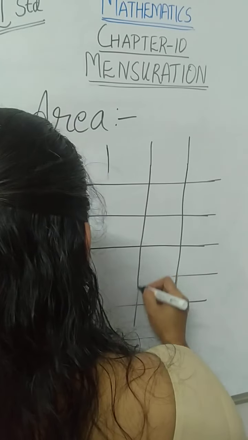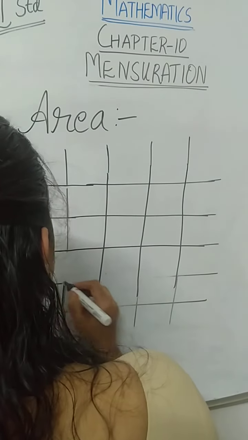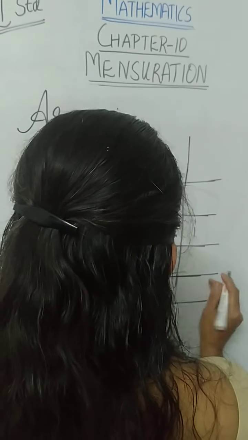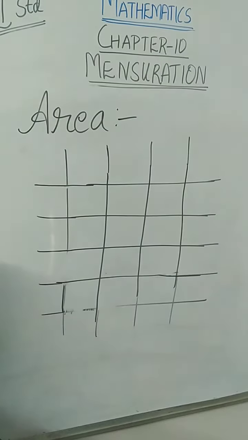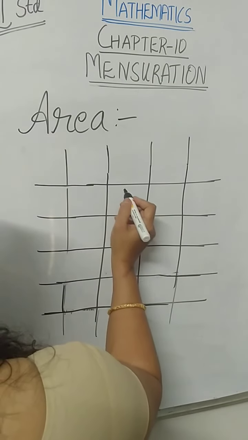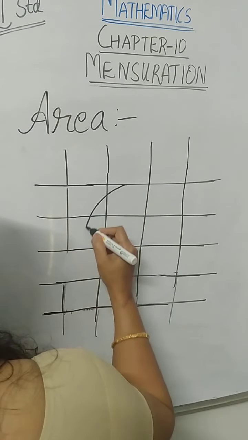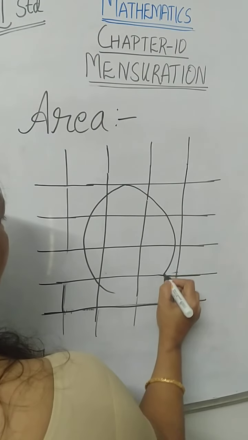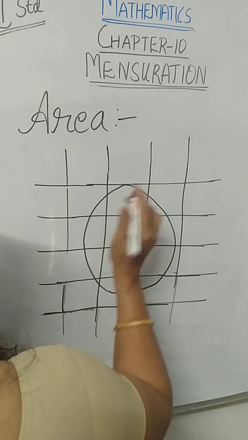Let us learn one by one. First we will learn about the irregular shapes. It is approximately equal when we calculate on a graph sheet. Okay. Now this is a graph sheet. If I have to know the area of this circle, or it's an oval shape or whatever it is.